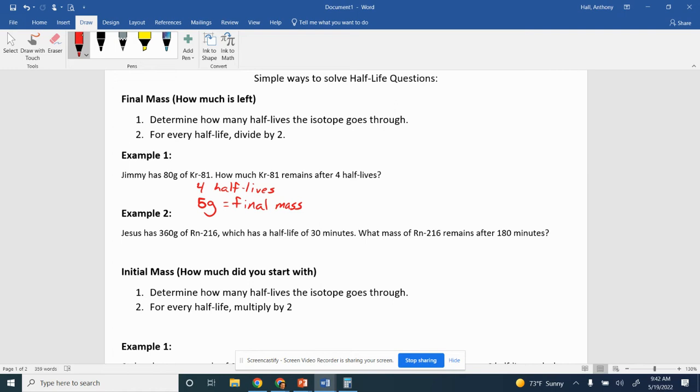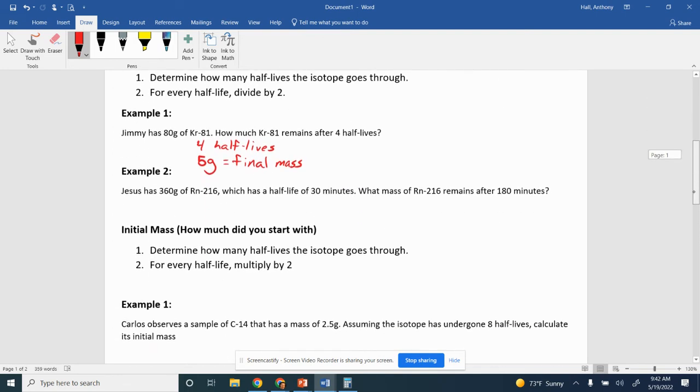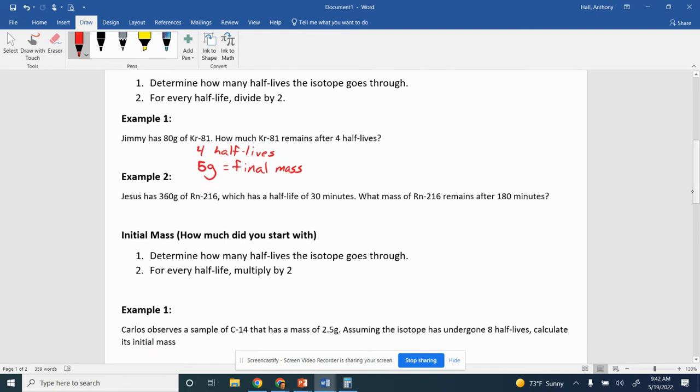Okay, you're on the right track. So there's kind of an easier way to do what you said. So we're going to come back to the formula. If we take our total time, which is always going to be the bigger number, and divide it by however long a half-life is, that's going to tell me how many half-lives there are. So let's look at this. What is my total time here? 180 minutes. And how long does it take for one half-life? 30 minutes.